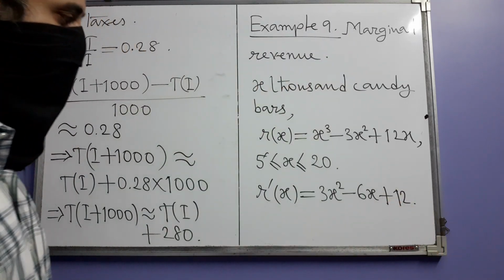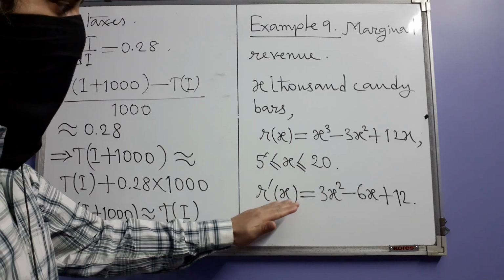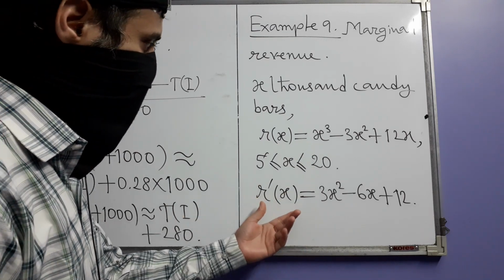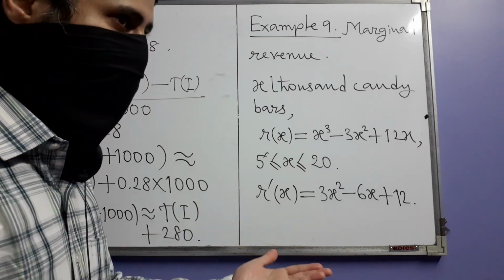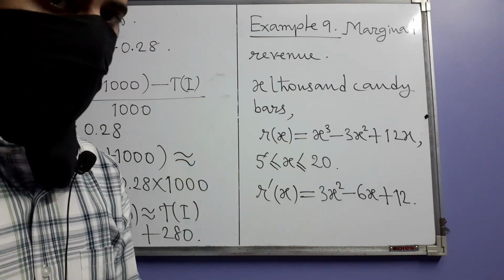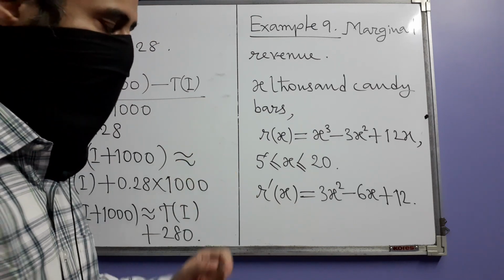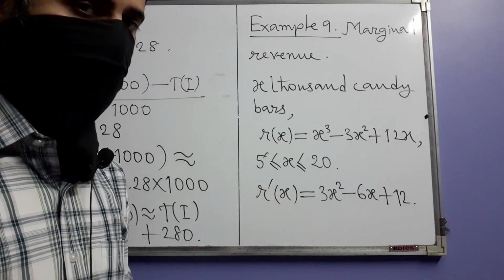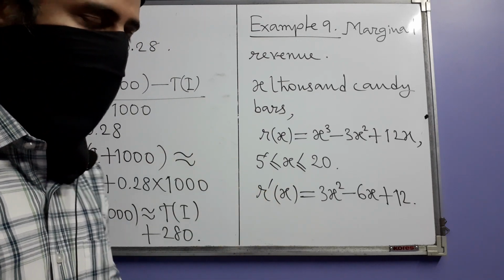What does it measure? It measures how much you will earn extra if your sales go up by 1 unit. That's what it measures at that level of sale x. If x changes, then it will also change.